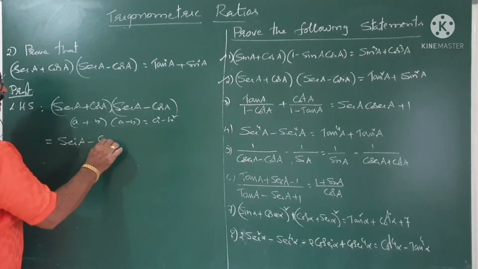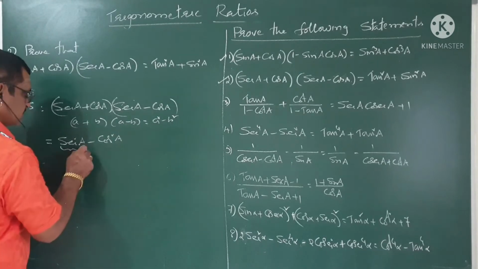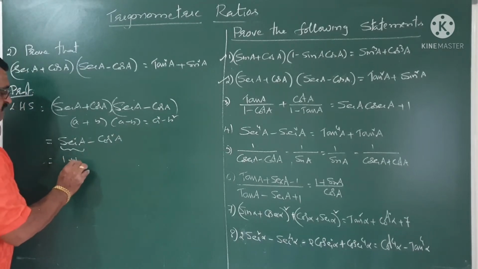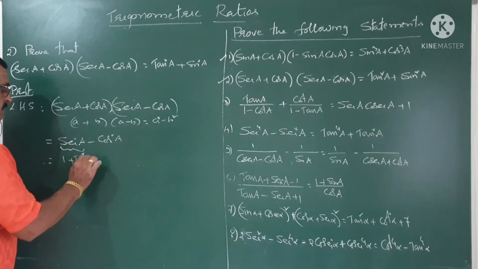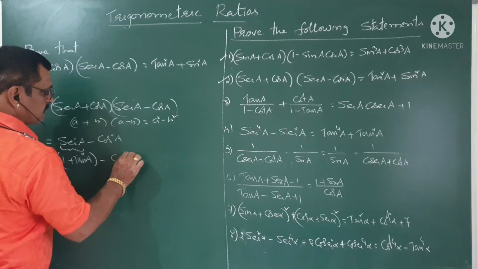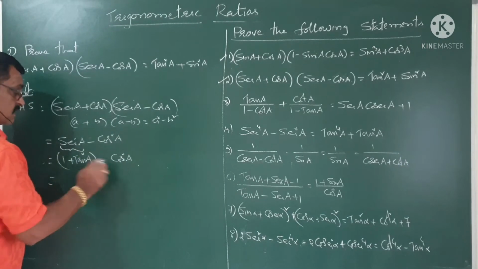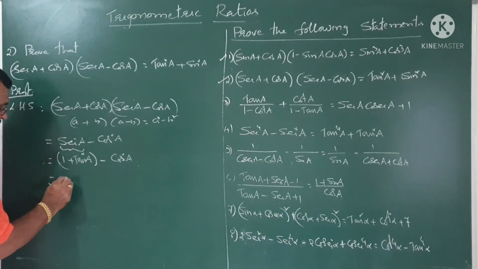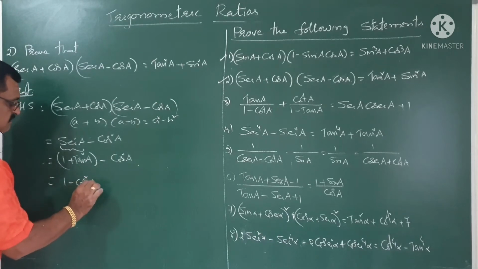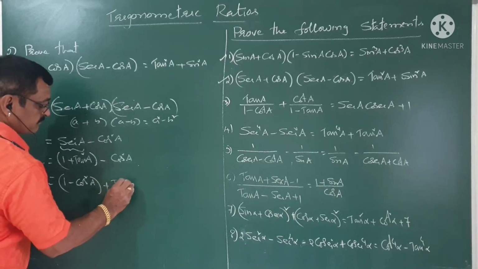secant square A minus cos square A. Now, secant square A is 1 plus tan square A, minus cos square A, I don't touch that one. Now, 1 minus cos square A, I make them as one pair: 1 minus cos square A, and plus tan square A as is.